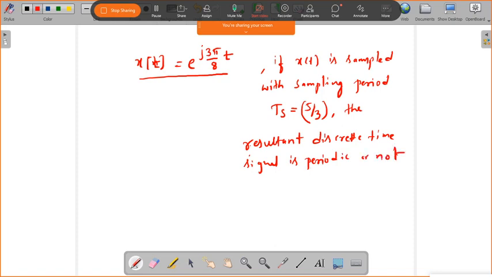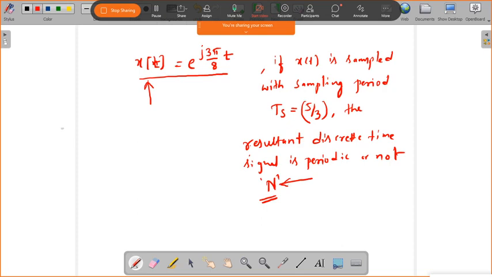If it is periodic, then find the fundamental period. Okay, so this is a problem. You are given the x of t signal. Now it is sampled with the sampling period 5 by 3. Now find the resultant discrete time signal, and whether that discrete time signal is periodic or not, we have to find out. And if it is periodic, we have to find out the fundamental period N. Okay, so this is the problem.